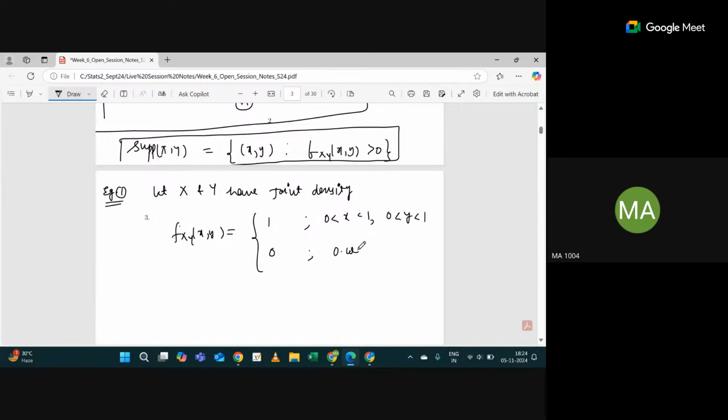So no complicated function, I took just simply 1.